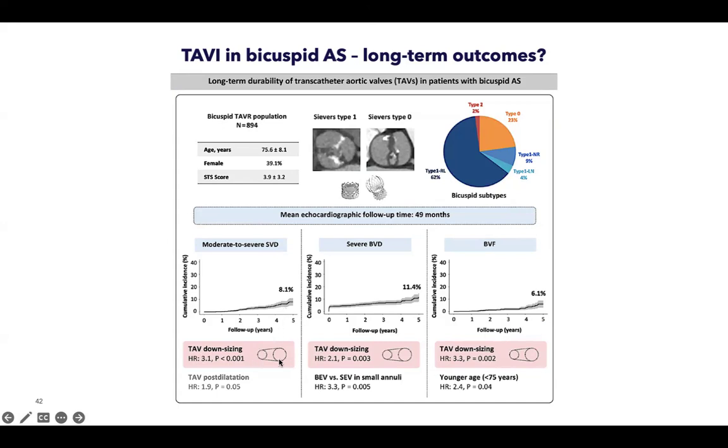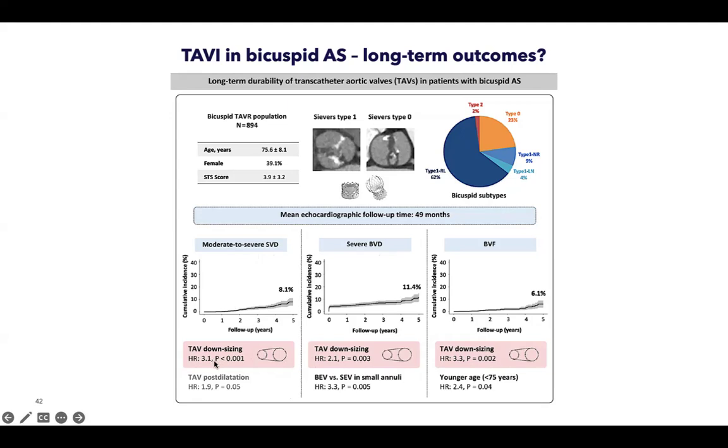But there are a few predictive factors for this valve degeneration, structural valve deterioration, or bioprosthetic valve dysfunction. Especially, we often downsize our prosthesis, both balloon-expandable and Evolut. By doing so, we have a first signal that systematic downsizing may make the durability of these valves worse.